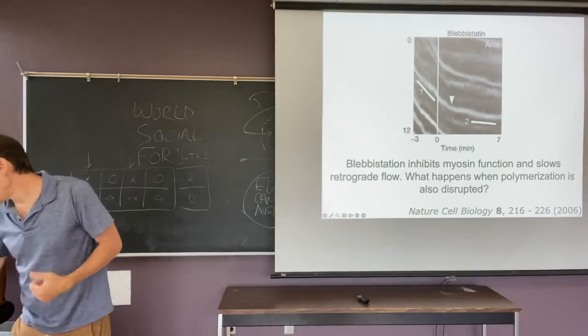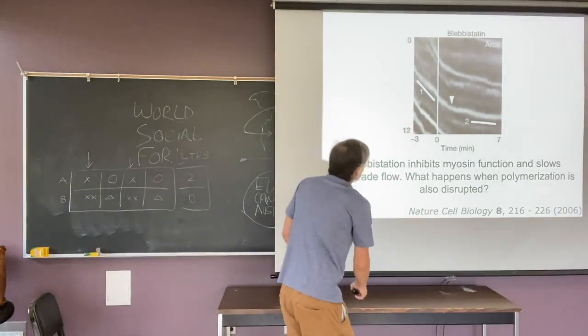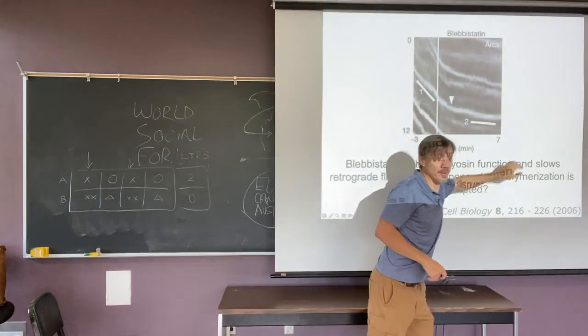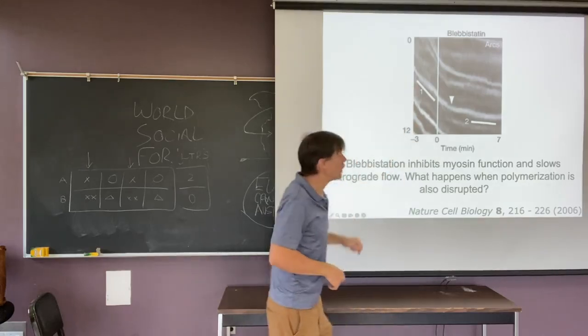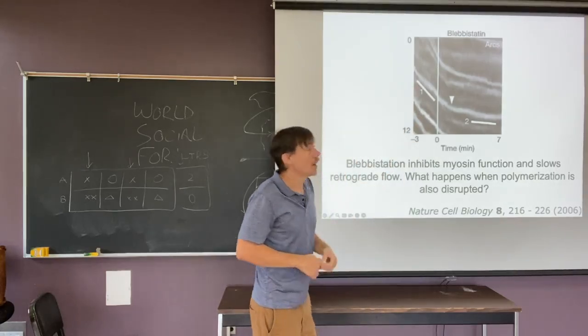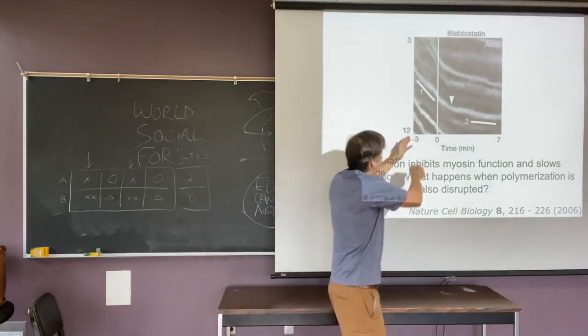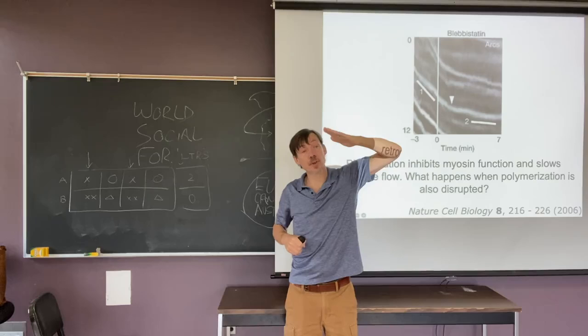So to explain what's going on here, this is a kymograph. We have time on the x-axis, and then we have position on the other axis. Before this myosin 2 inhibitor is added, we can see that we have lines that have a very steep slope.